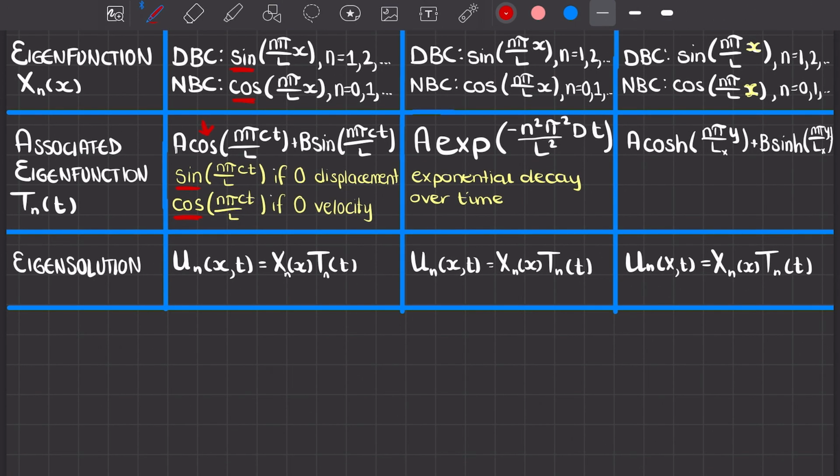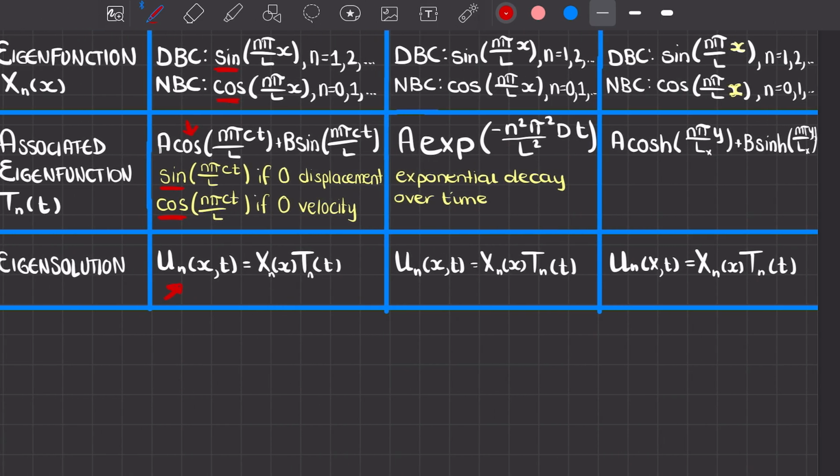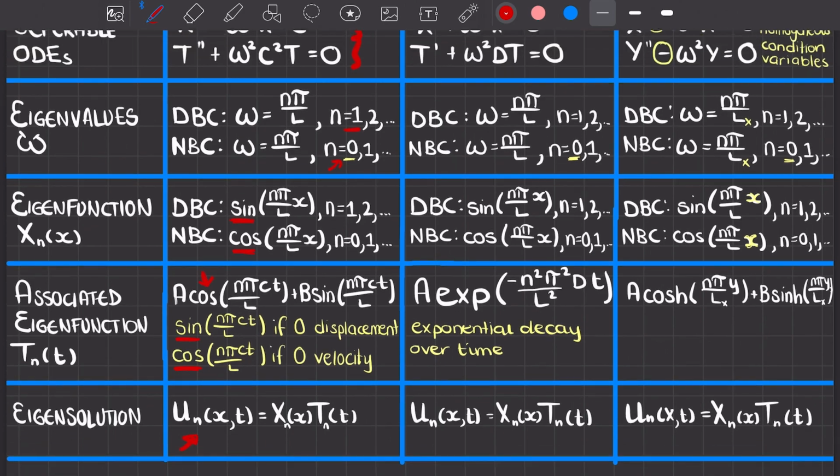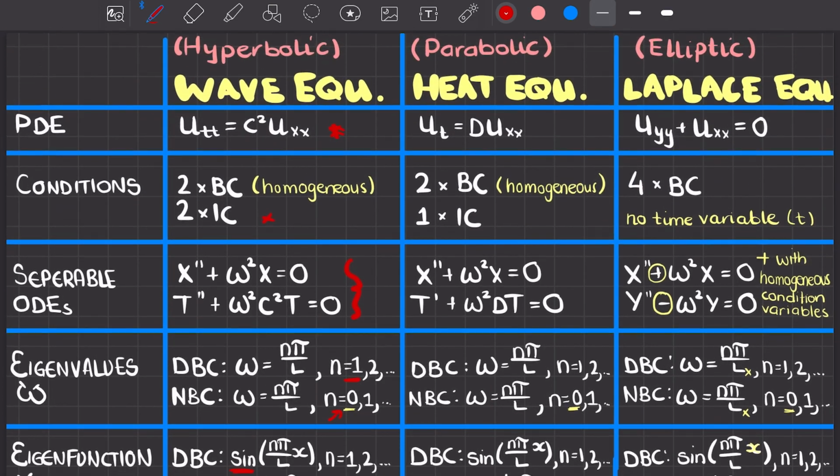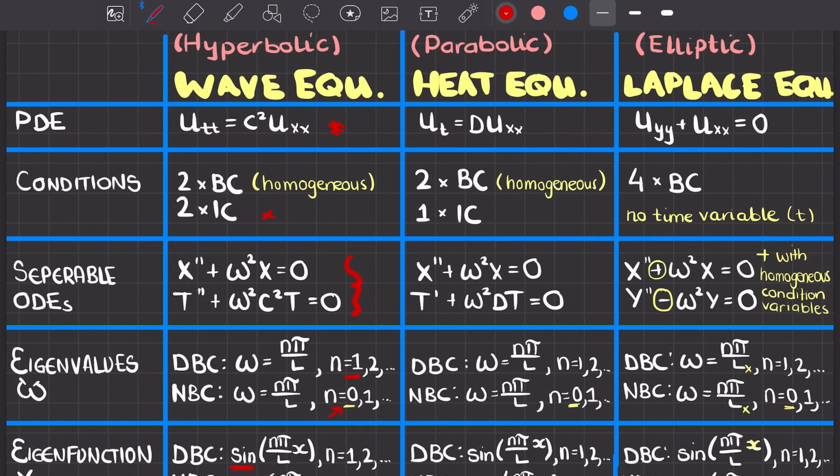And then our eigensolution is just going to take this form, which it does for all of the wave, heat and Laplace equations. So just notice the sine and cosine and the n equals 1 and n equals 0 across while we're solving the wave equation. So let's get back to it.